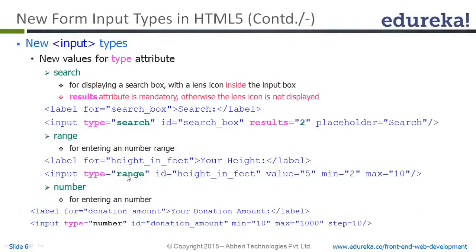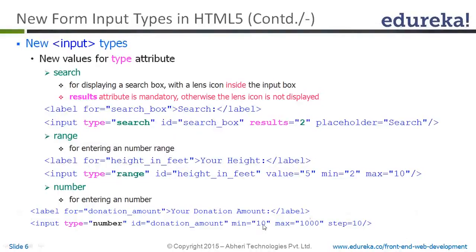When you show it as a range, the browser will display a slider bar, and using the mouse you can scroll it, whereas in the case of a number, you have to enter the number manually.